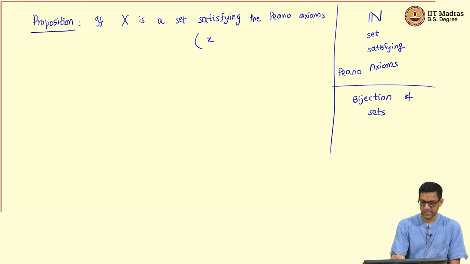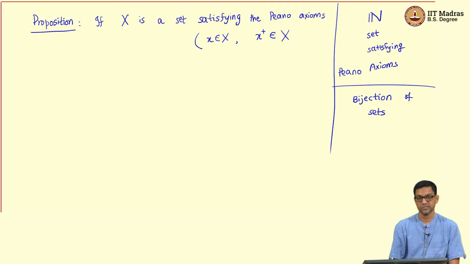Satisfying the axioms firstly means to each x in X, I should be able to define a successor function. So, given x in X, there should be an element called x plus in X, the successor of x, such that it satisfies a bunch of properties, okay. And then there is also a special element called 1, but just so as not to confuse with the usual 1 in the natural numbers, I will just put an x under the 1.